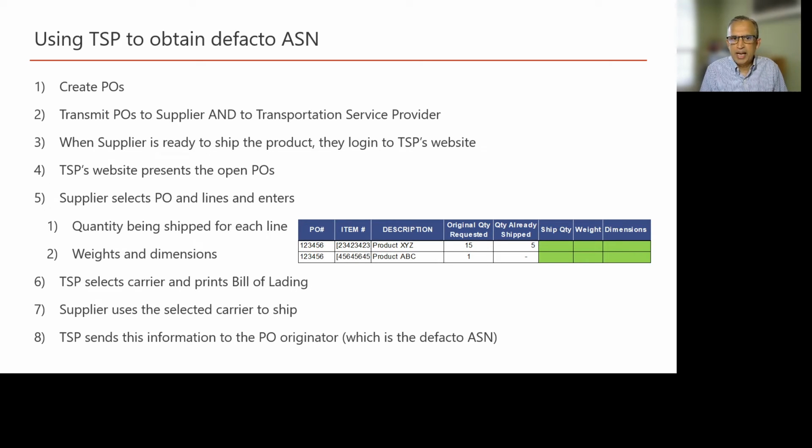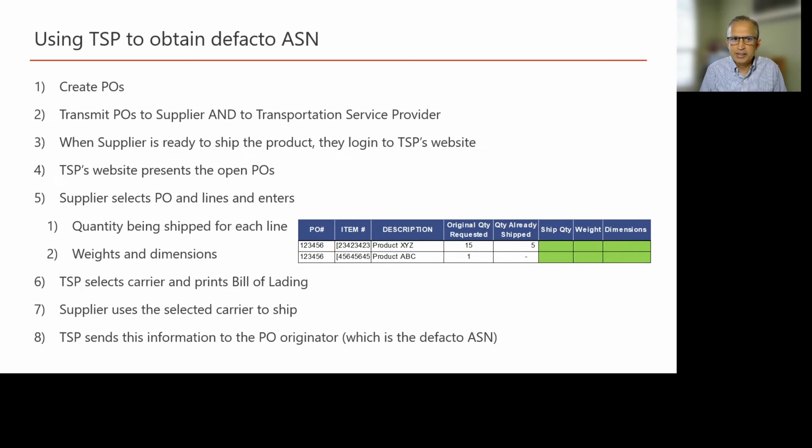Now, when the supplier is ready to ship the product, they log into the TSP's website, which is indicated on the PO. The supplier then picks the PO number and the product number from the list presented and enters ship quantity, weight, and dimensions.